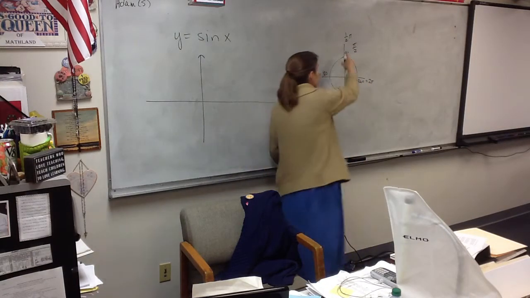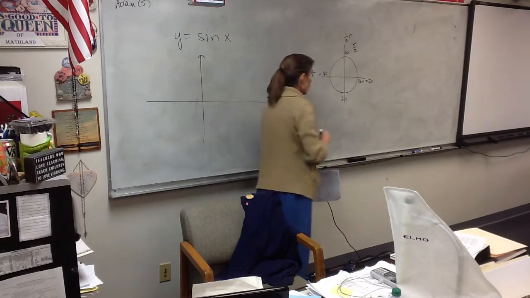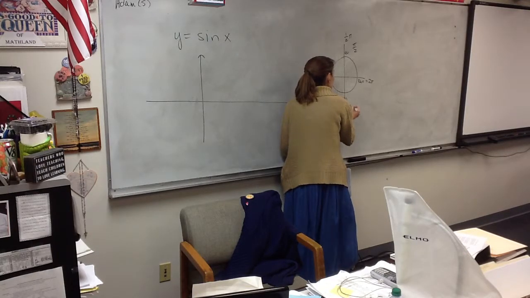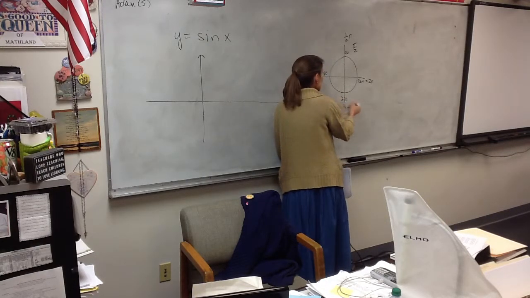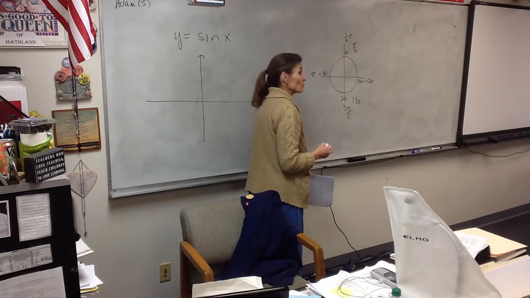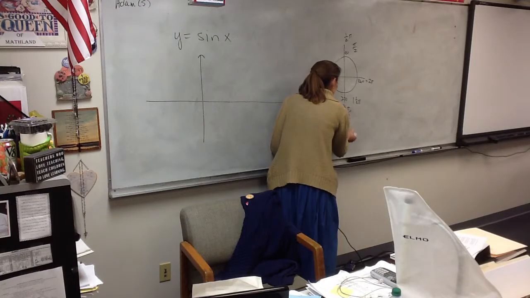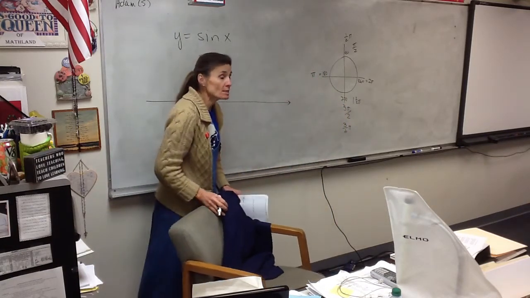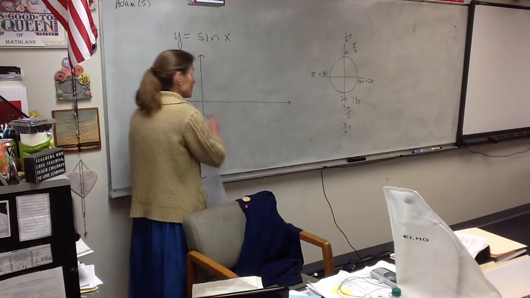But if you like 1/2 pi better, that's fine. What about this one? 3 over 2. Because this would actually be 1.5 pi's, which is 3/2 pi. So some people write it this way. And those important angles are the ones we're going to put on here.